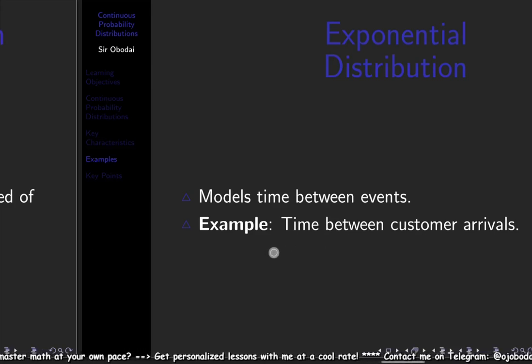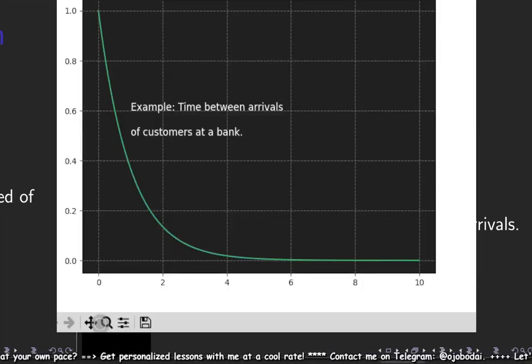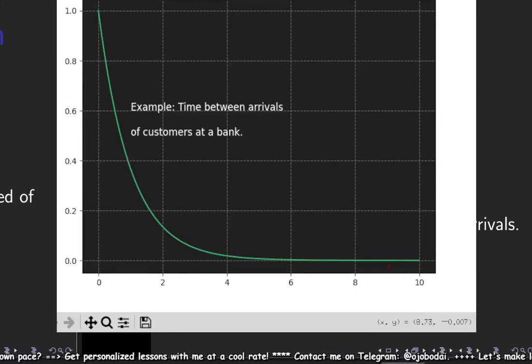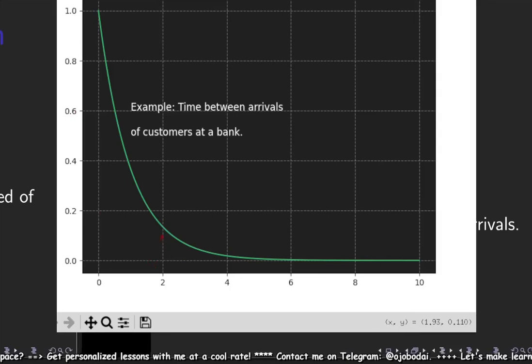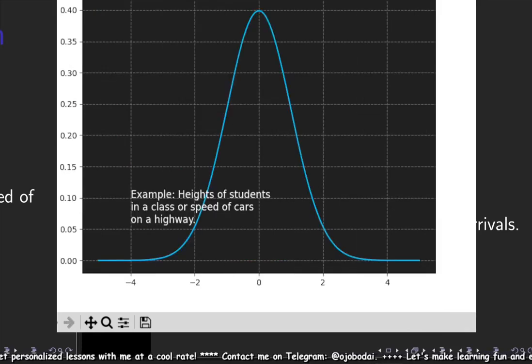This is a diagram showing how it looks. If you see any of these diagrams, it is simply an exponential distribution. Unlike the normal one, look at how the normal one looks, and then look at how the exponential looks. You see they are two different things altogether.